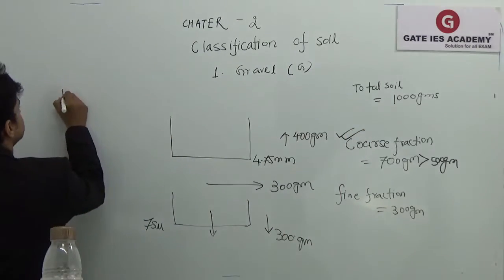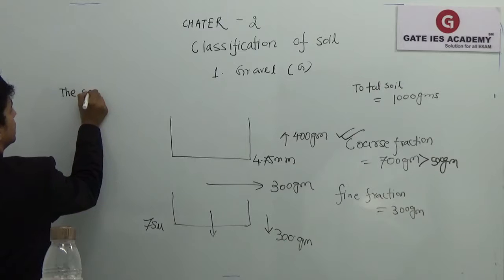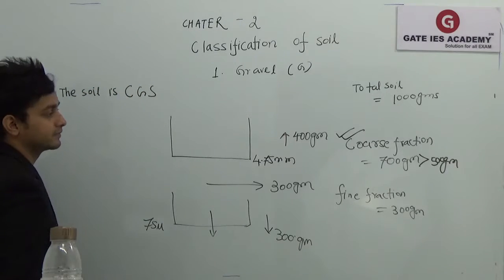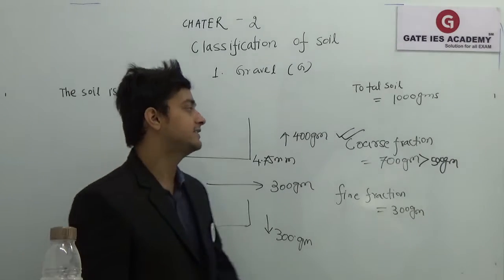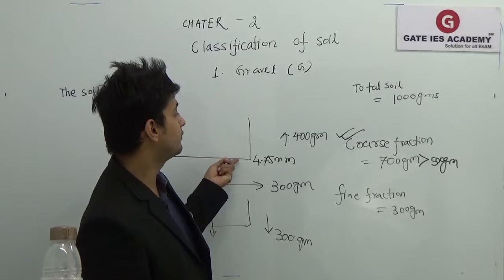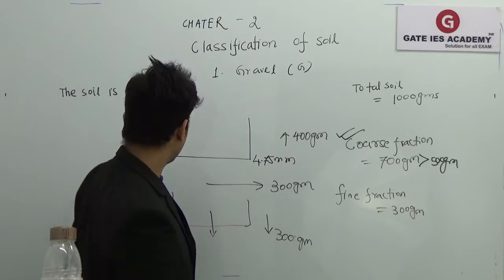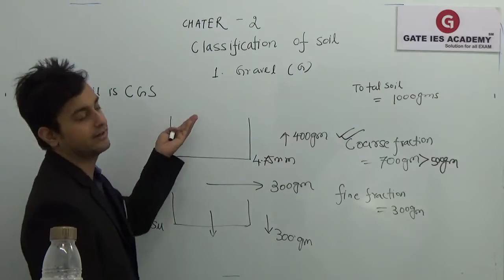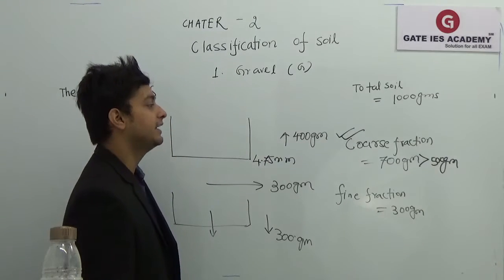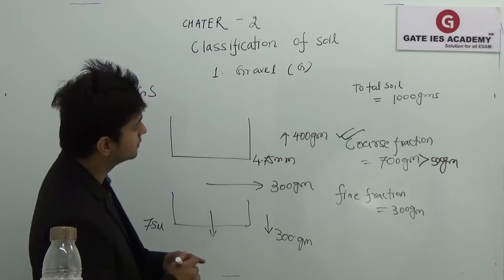I can write down, the soil is coarse grained soil, because more than 75 micron I have 700 grams, total 300 plus 400, so it is obviously greater than 500.